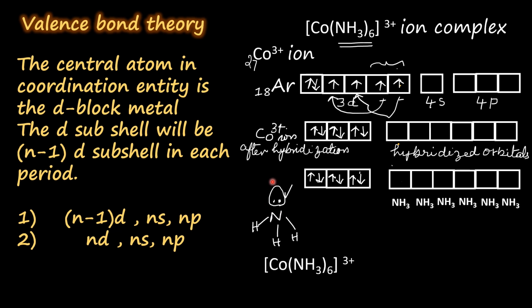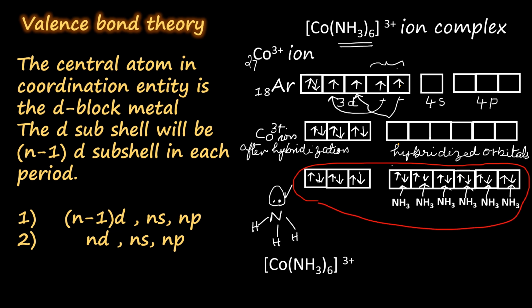The lone pair of each of the 6 ammonia molecules will be donated to the free orbitals of the central metal atom, thus binding the 6 ammonia molecules to the central metal atom. The charge on the central metal atom will remain as such, that is 3 plus. So that is the structure of the hexaammine cobalt 3 plus ion complex.